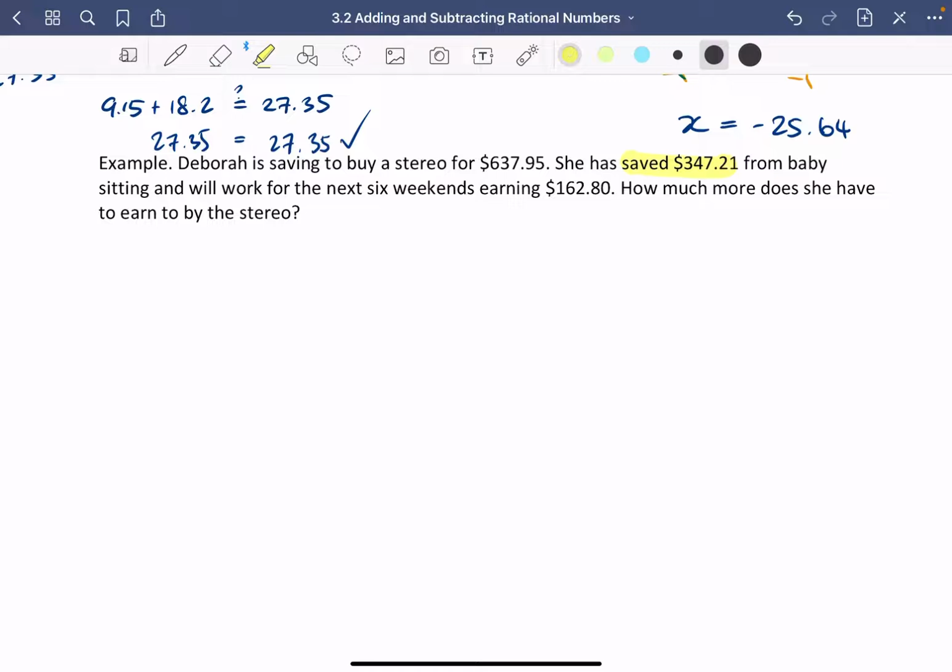And then she will work for the next 6 weekends to earn $162.80. So she has saved $347.21 and will earn $162.80. And the question is now, how much more does she need to earn to buy the stereo?